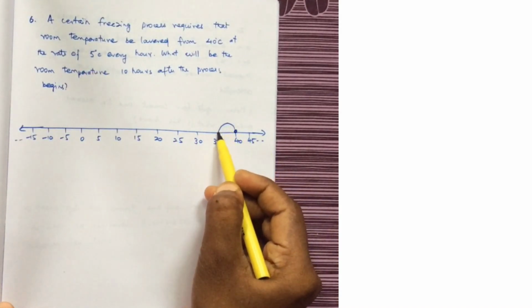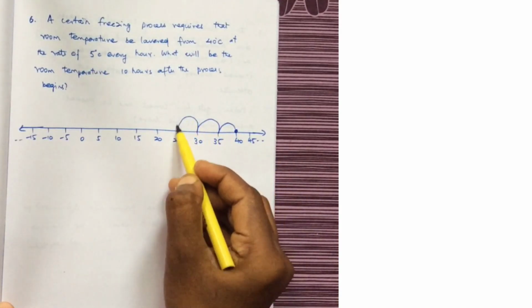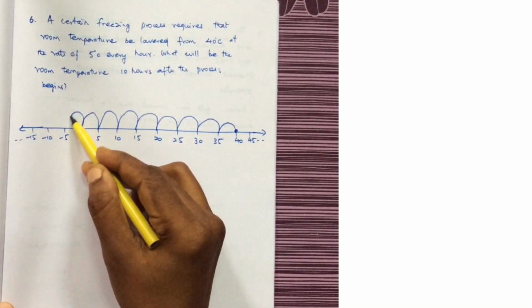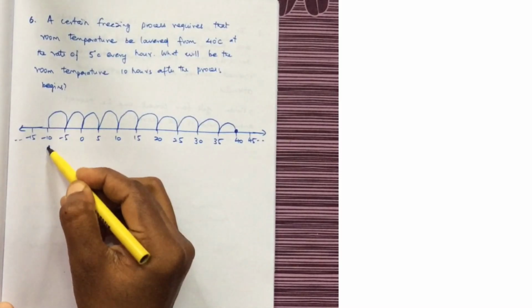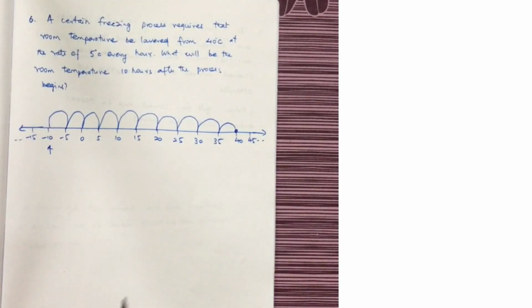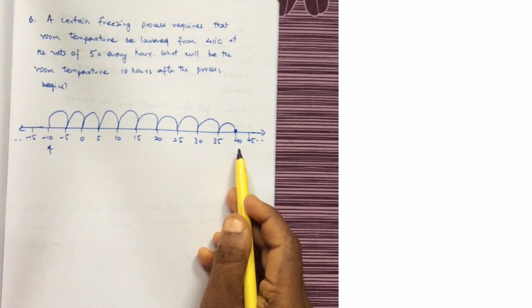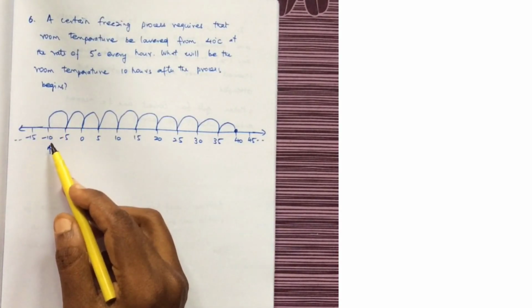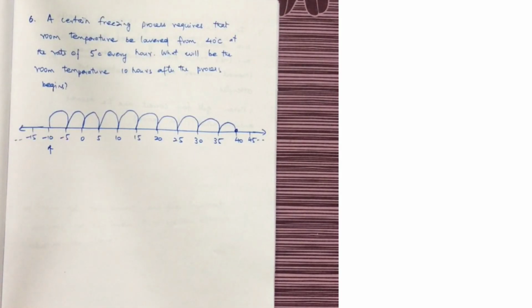So this is for 1 hour, 2, 3, 4, 5, 6, 7, 8, 9, 10. Okay, this is the answer. For every 1 hour it is reducing, and for 10 hours the temperature is -10 degrees Celsius. This is the answer that you can get using a number line.